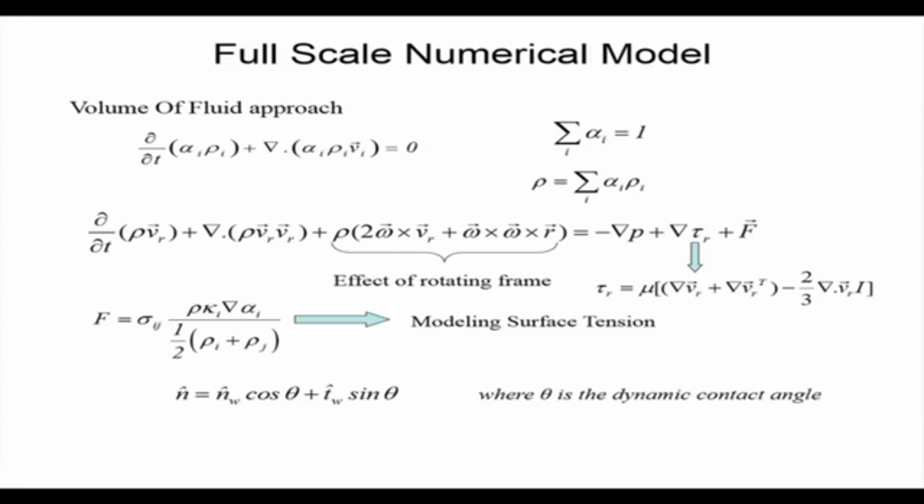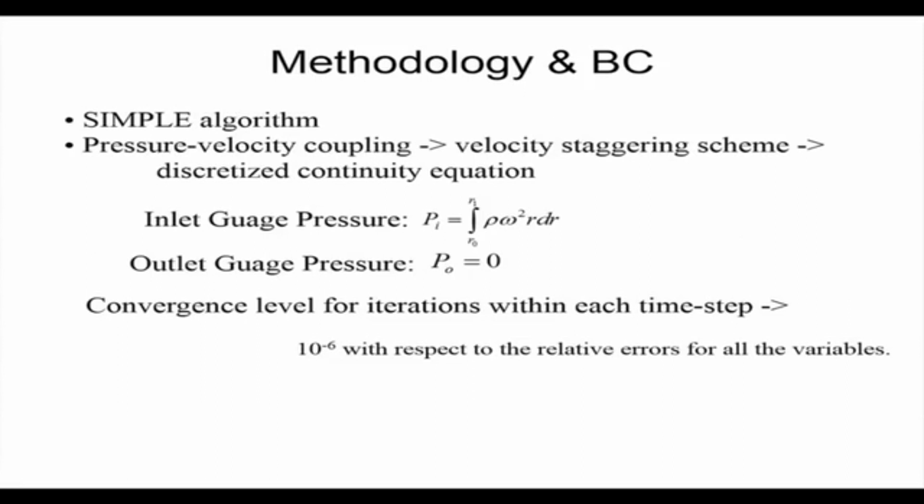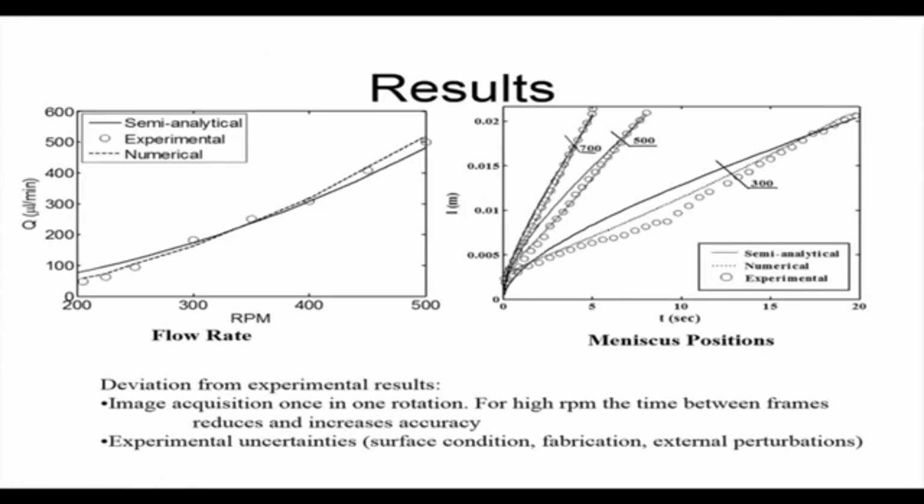Of course it is not a CFD course, so it is beyond my scope to discuss this, but just to tell you how we validated it. The boundary conditions which we used: the inlet gauge pressure as this, and the outlet gauge pressure as 0, that is basically the ambient.